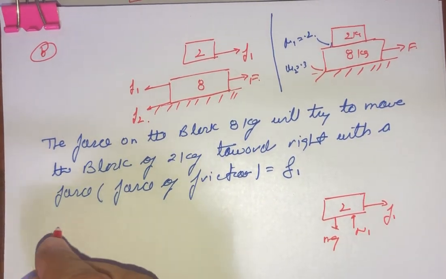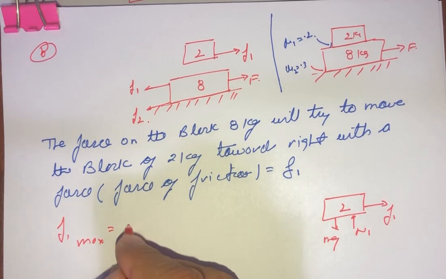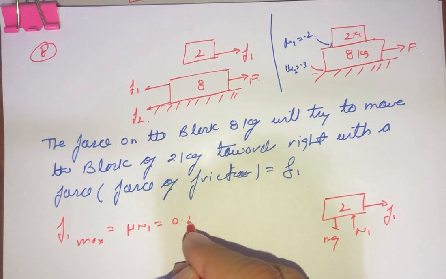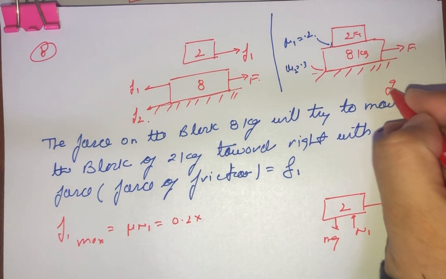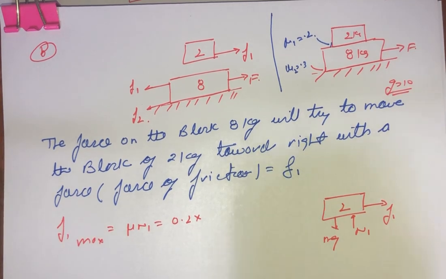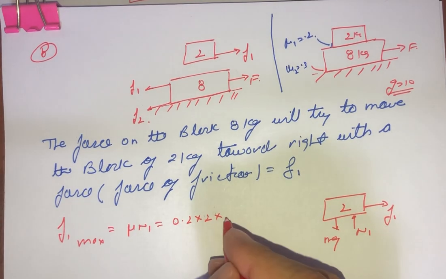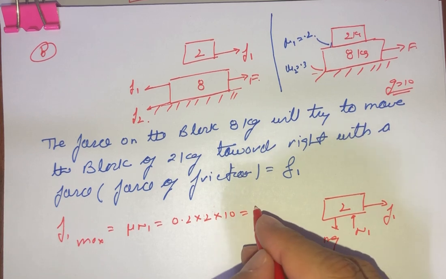So we can say that F1 max is equal to mu into N1. Mu is given as 0.2, N1 will be mg, and g is taken as 10, so it will be 2 into 10. So we get F1 max as 4 Newton.